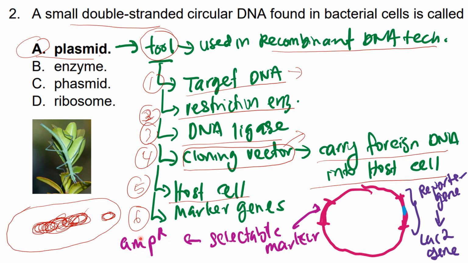That is a selectable marker. Another region is the reporter gene. One example of a reporter gene found in the plasmid of E. coli is the lacZ gene.